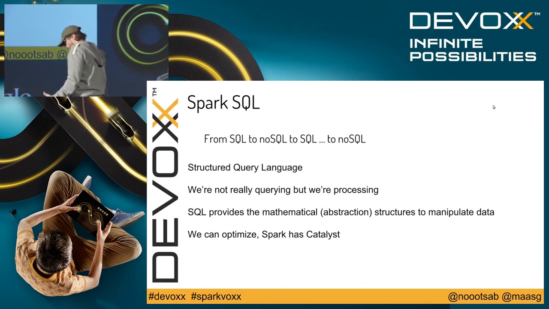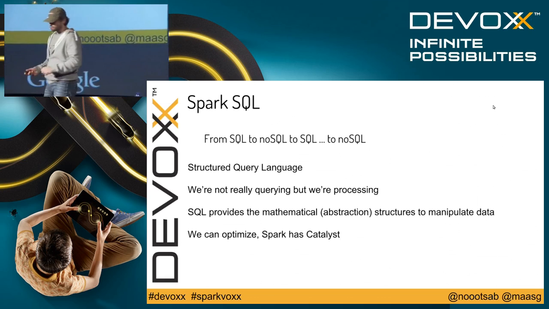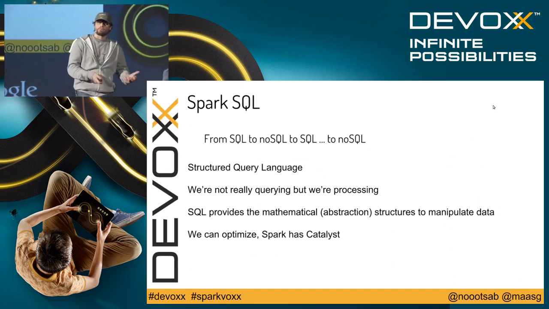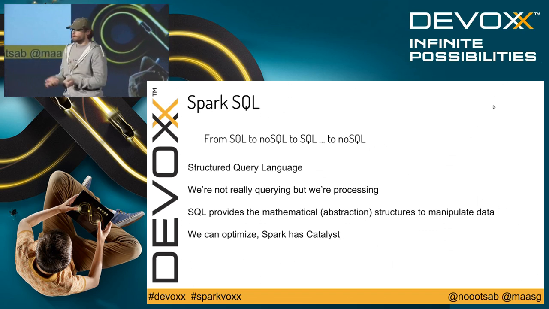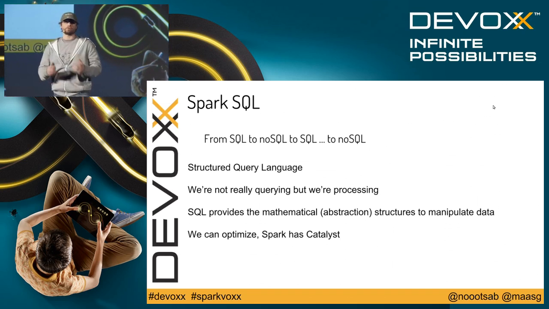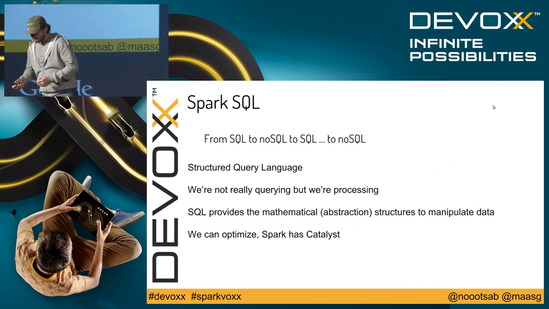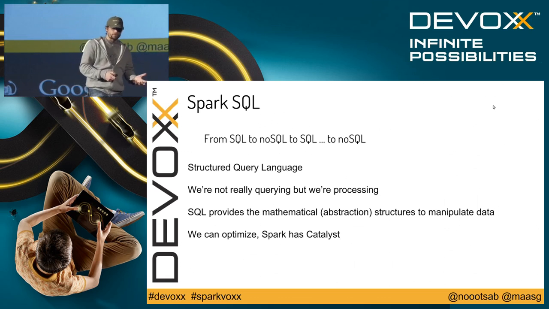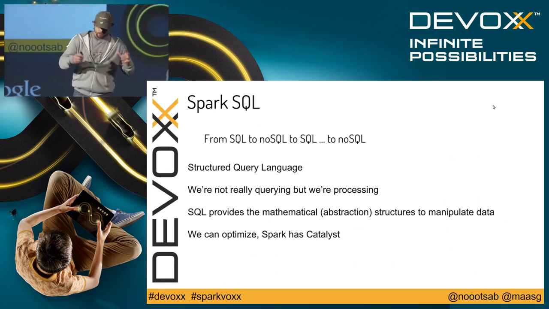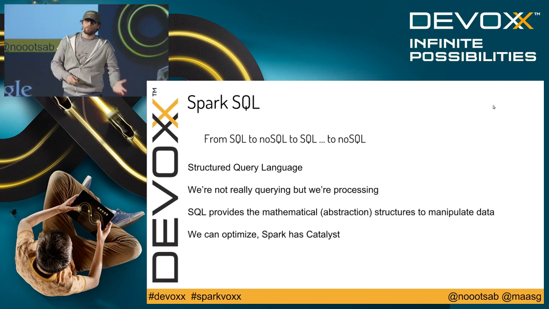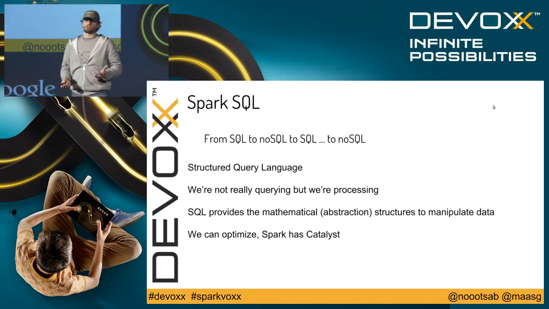We like to manipulate data. So we used relational databases at some point in time, and to manipulate the data, meaning to query it at that time, not really to process it, we ended up with SQL. But with the new use cases that we ended up with, we started to think, okay, now we need documents, we need graphs, we need different structures and different languages to query them.